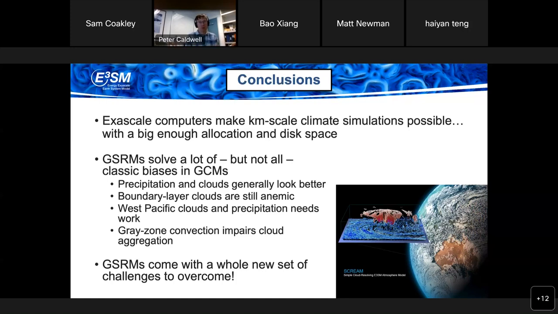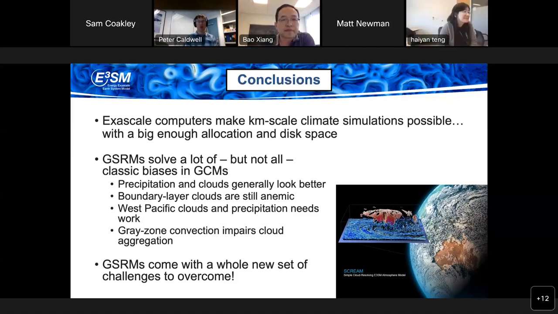But things like microphysics are always going to be parameterized. We need to work on that. There's a lot that is probably low-hanging fruit to really improve these models. So we have a new set of challenges, which I think is good, because the old ones people have been working on for a long time and they're hard. So hopefully we have easier challenges to overcome right now.